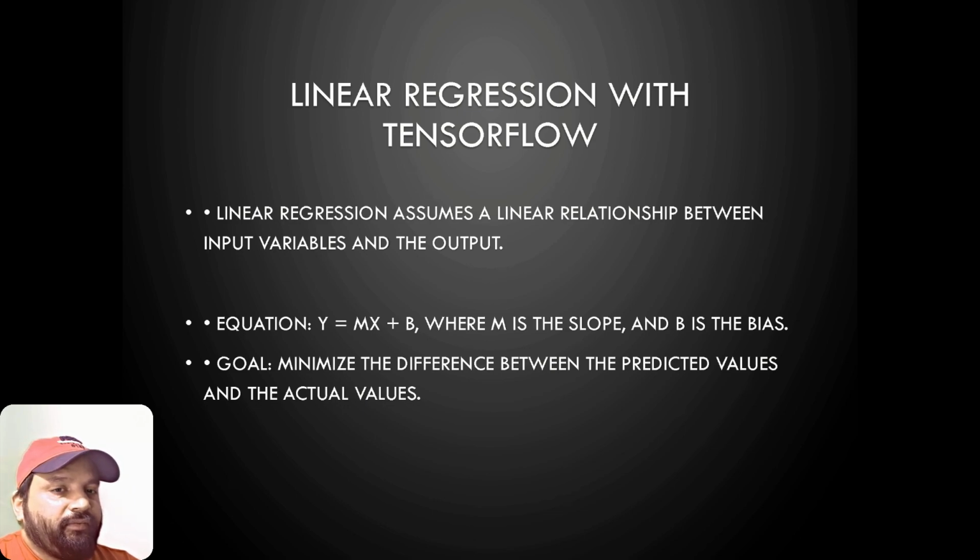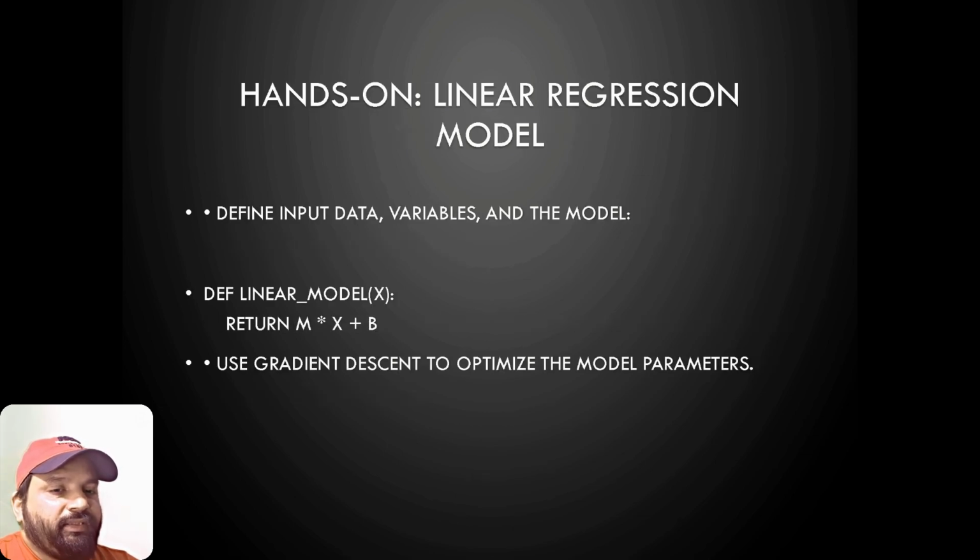Our linear model will be a straight line, y equal to mx plus b. Here y is the dependent variable and x is the independent variable; y is the label data and x is the input data. We will use gradient descent to optimize the model parameters.